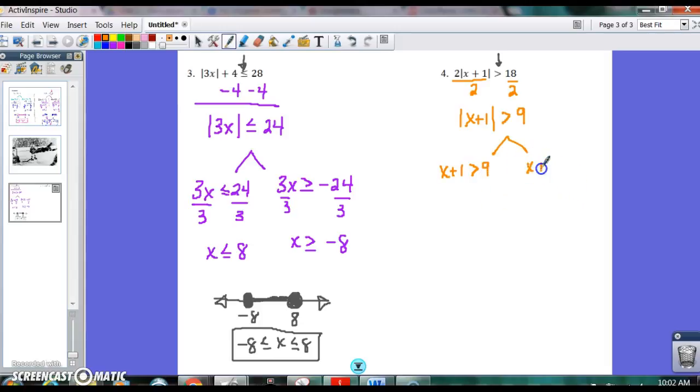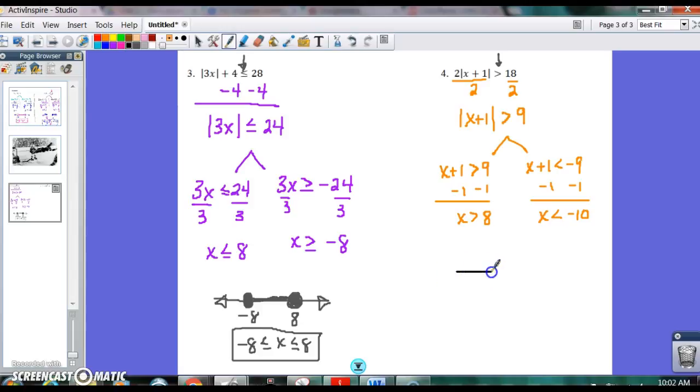The second one, I'm going to take it out of the absolute value, flip my sign, and change it to a negative on the other side. Now we're just going to solve our 2 inequalities. So subtract 1 from both sides. Here I get x is greater than 8. Here when I subtract 1 from both sides, I get x is less than negative 10.